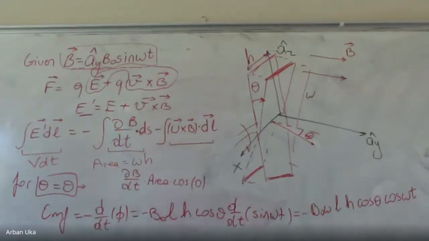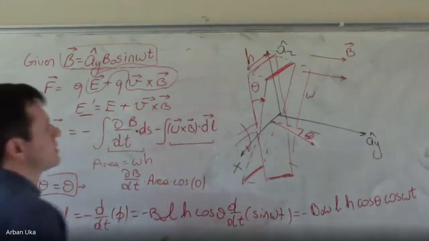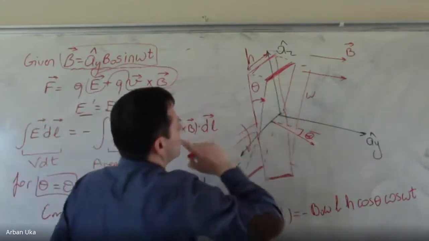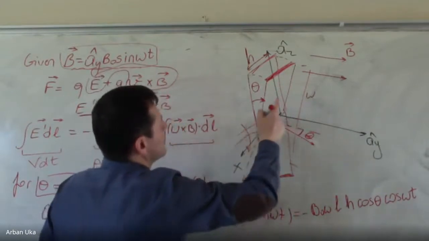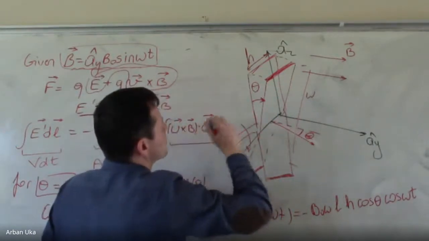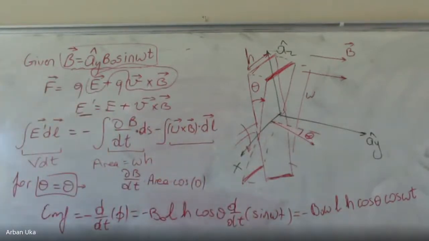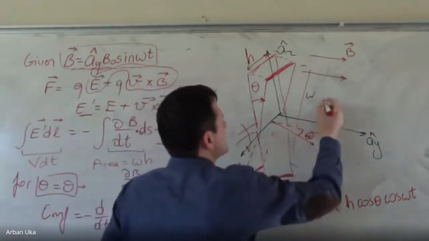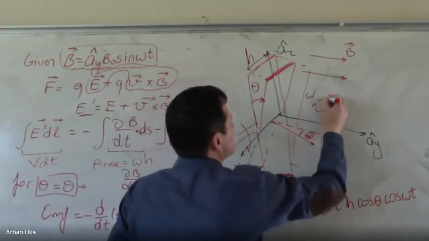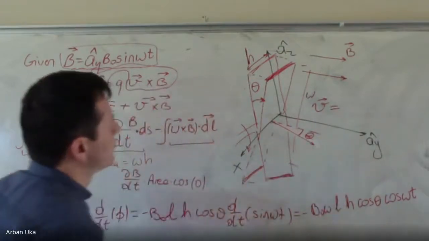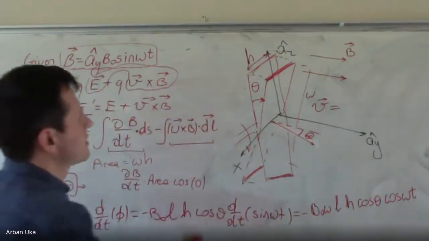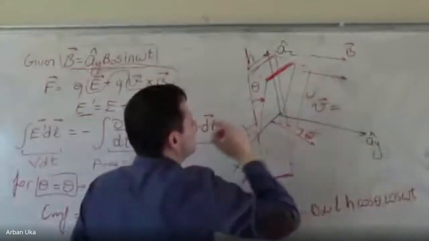Then the other EMF should come from the U cross B dot dl. So in this line, U cross B, let's see what is the direction of U cross B. The velocity U is equal to, so let's see first of all what is the velocity of this part here.